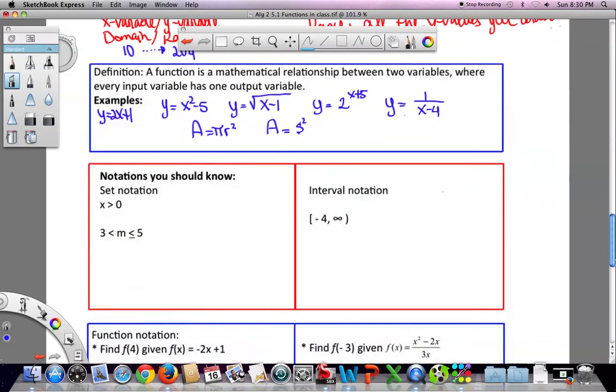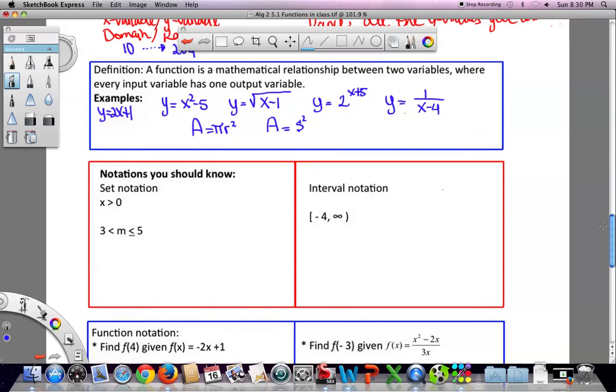So here are some notations you should know. Set notation is this thing here. What we're given here is interval notation, and the question should say convert this to set notation. This says x is greater than 0. In set notation, you would write that this way: 0, and then greater than 0 means you go to infinity. Now the round brackets here are important, and I'll try to explain that on this one.